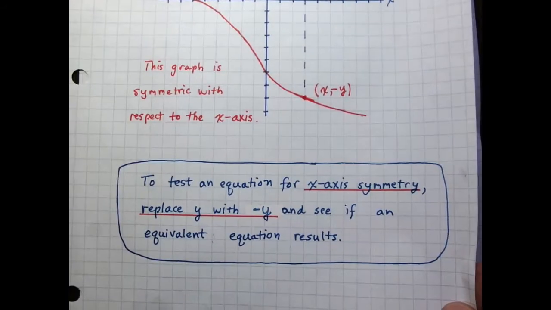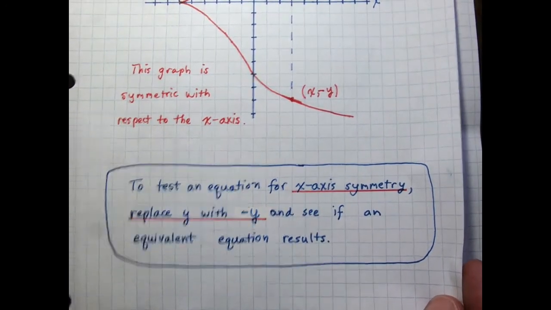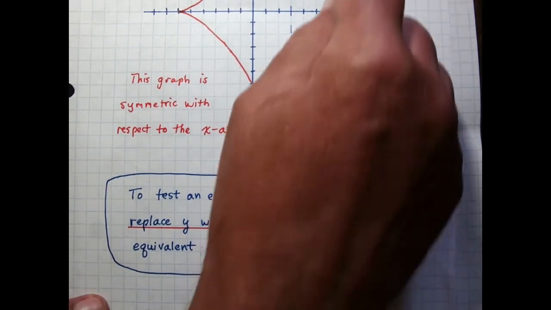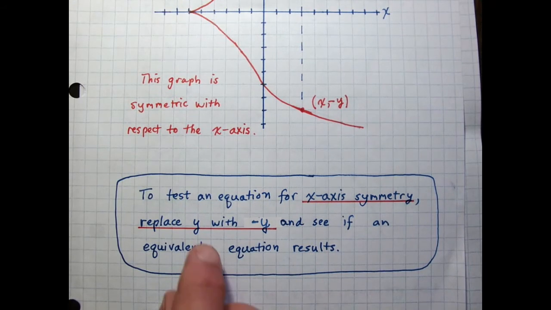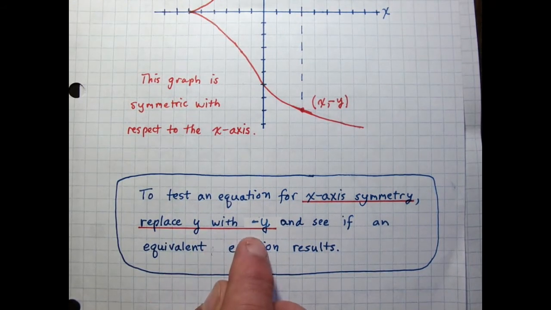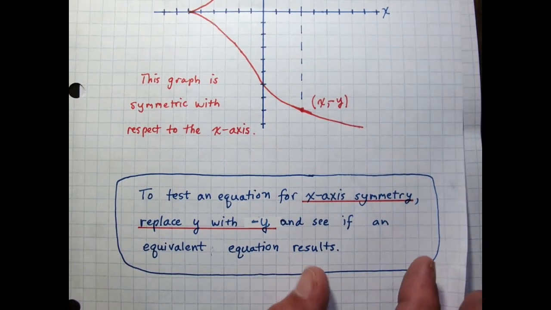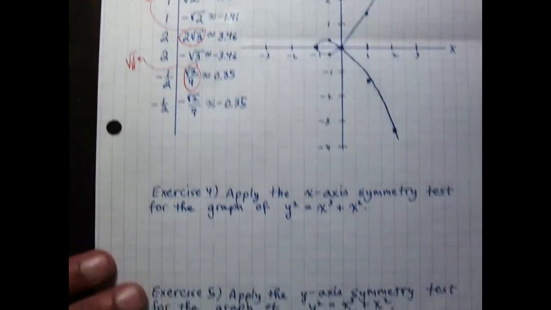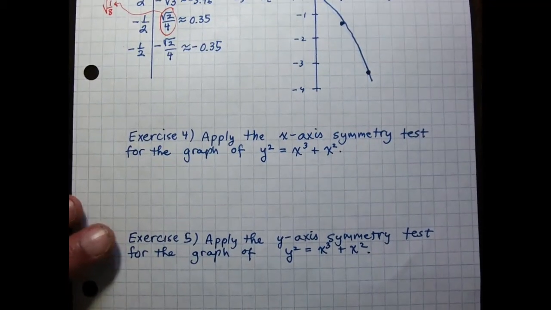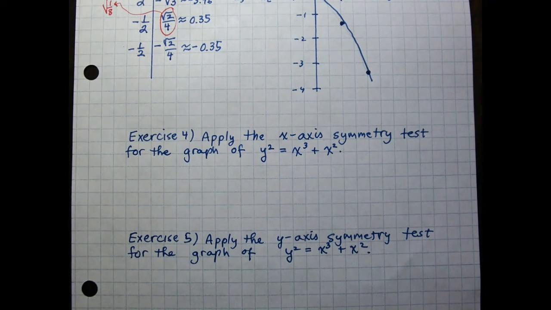And to test for it, what you can do is, because of this relationship between x, y and x, minus y, you can just check the equation by replacing y with minus y and seeing if an equivalent equation results. If that's true, then the graph must have x-axis symmetry. So in the future, we'll use this test more often with graphs we haven't even looked at yet.